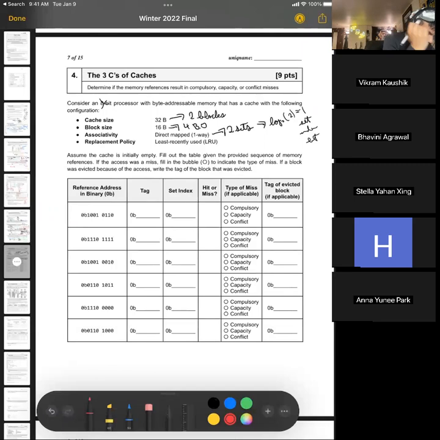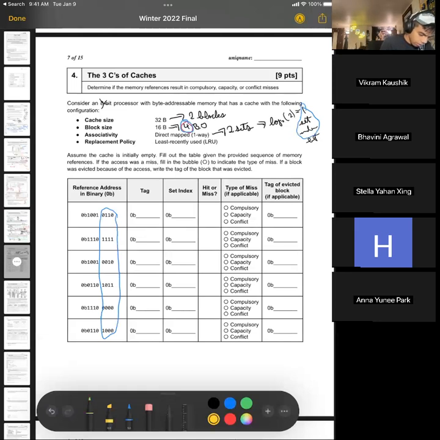So I determined that the block offset was 4 bits. So that tells me that the last 4 bits are all block offset. Then I also determined that I have 1 set index bit, because I have 2 sets.